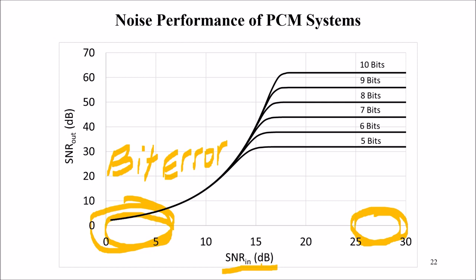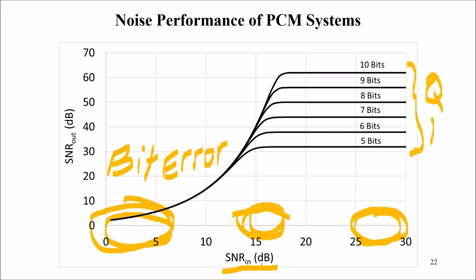That's to the left of a certain threshold. And then there is a threshold value where the probability of a bit error essentially drops to zero. And what we are left with is the quantization error.